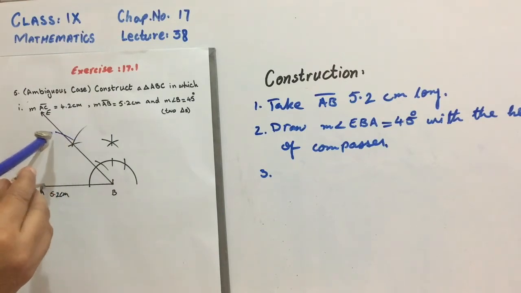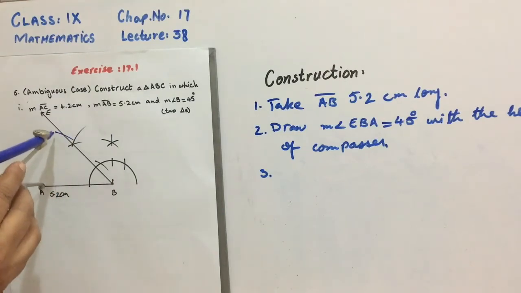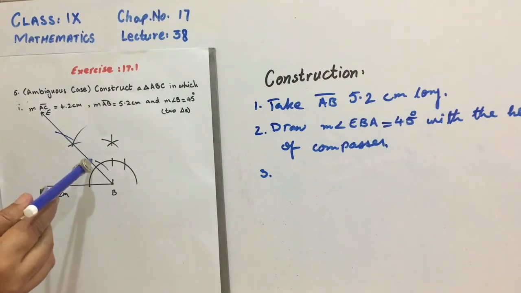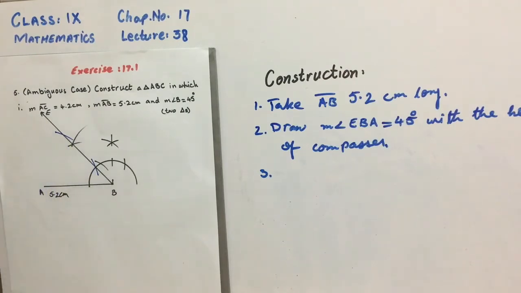You see here the arc will cut ray BE at 2 points. It means two triangles can be formed as given in the question.